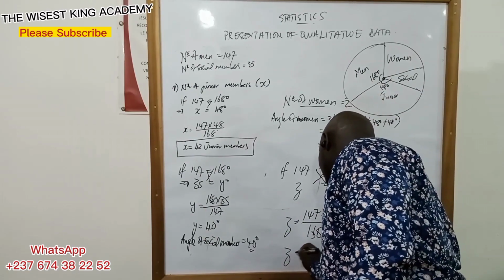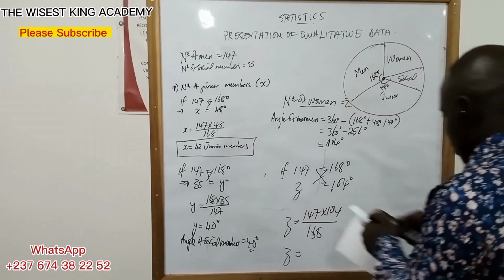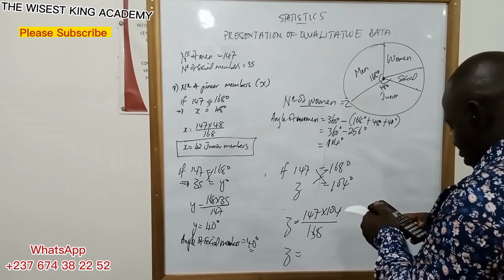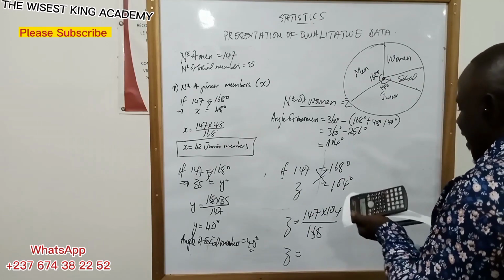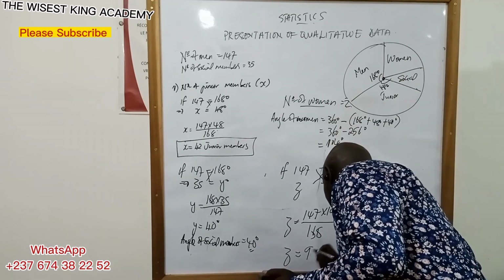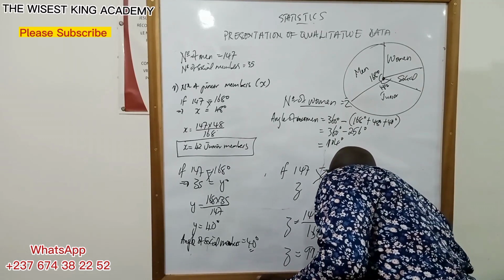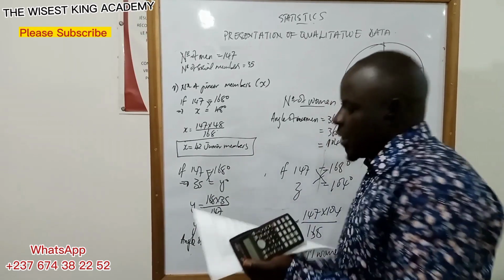So how many women are there? That is 91 female members. 91 women members are there.